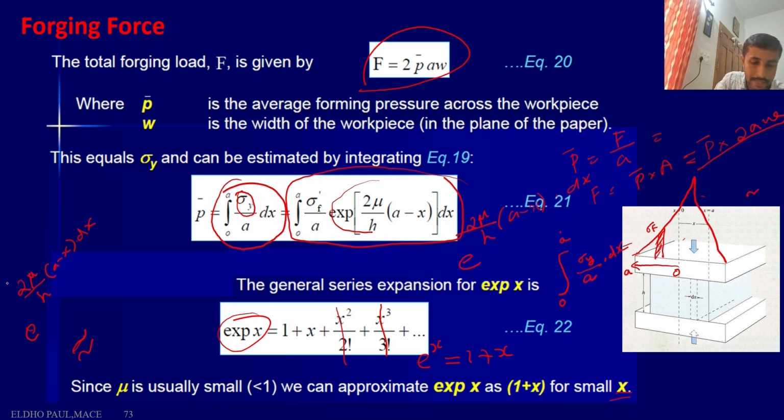Here the e raised to x term is this one. So we can assume 1 plus, instead of x we can write 2 mu by h into a minus x, into dx. So we actually approximate this one.